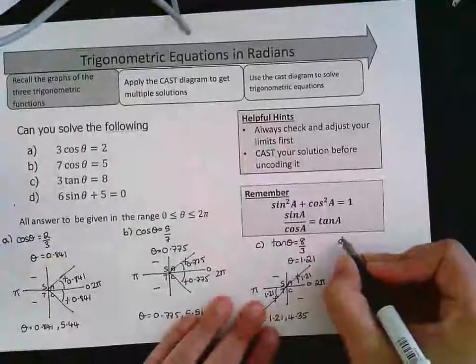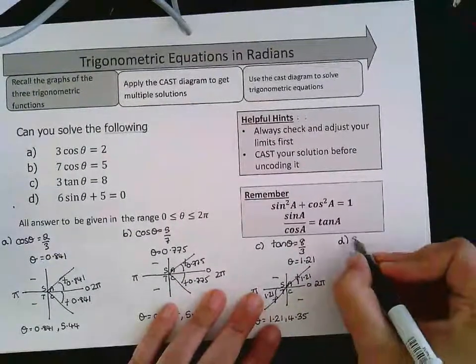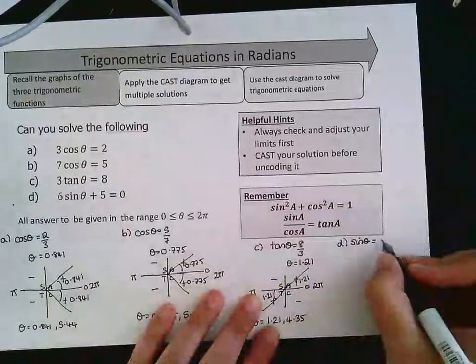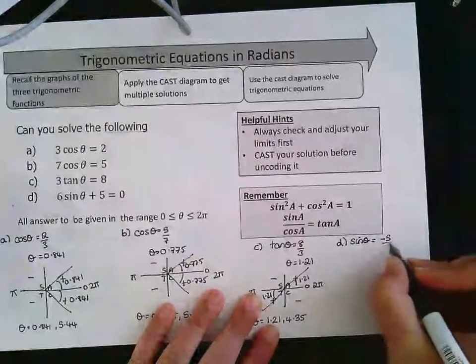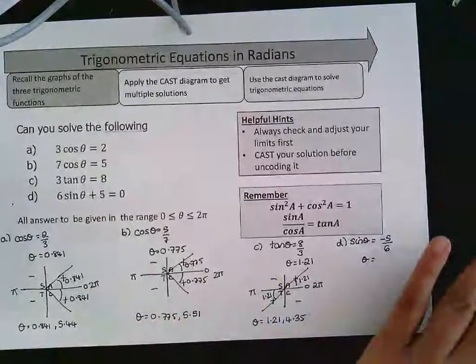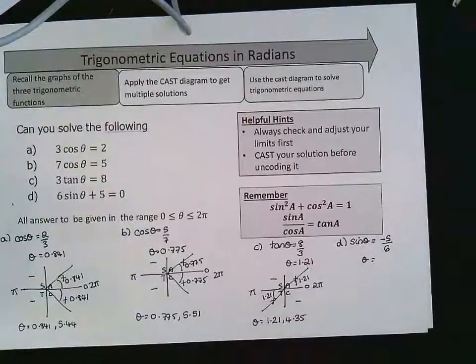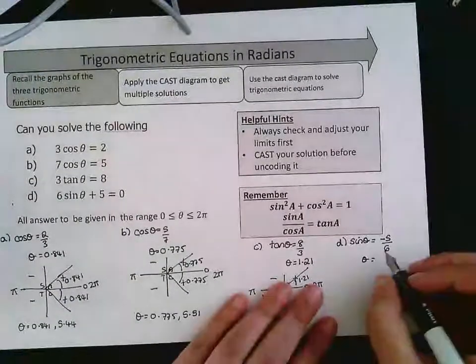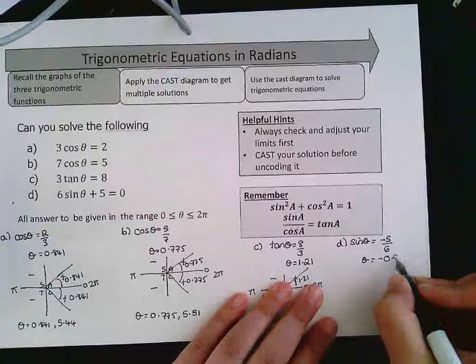And lastly, D. All right, I've got to get this to say sine theta equals. So take the 5 onto the other side and then divide by 6. So as always, on my calculator, I'm still in radian mode, so the inverse sine of minus 5/6 is minus 0.985.